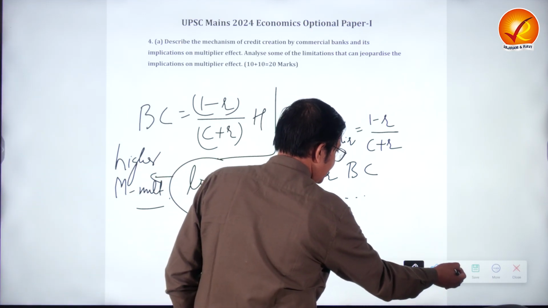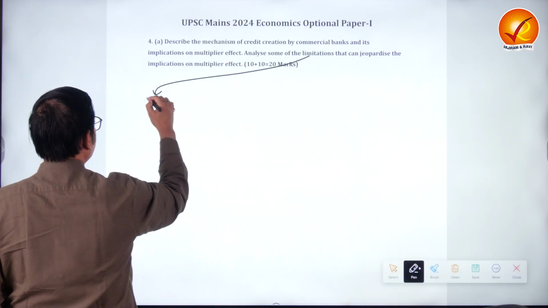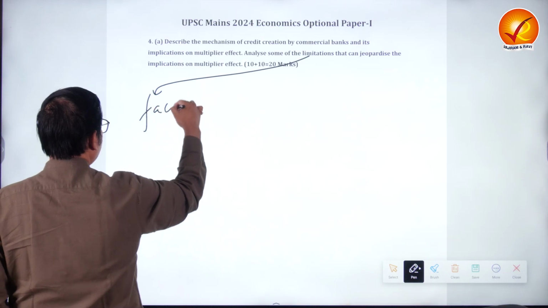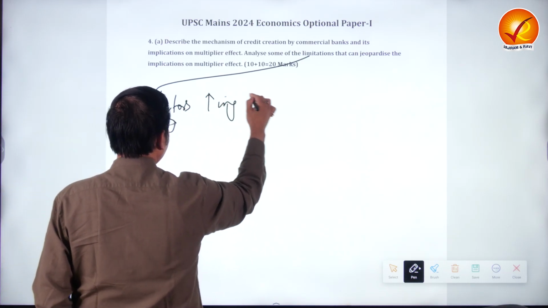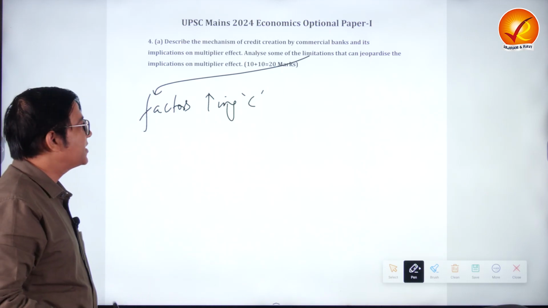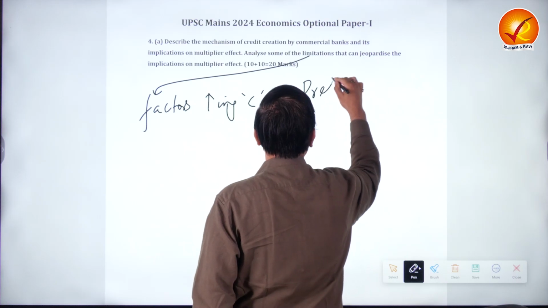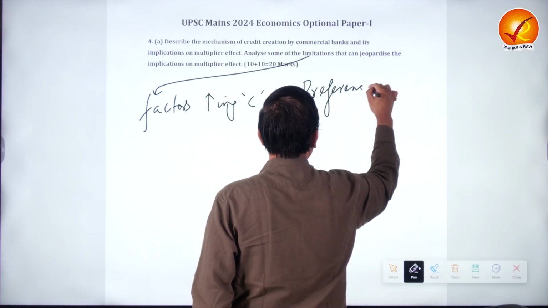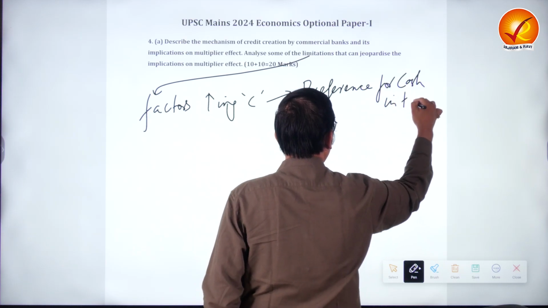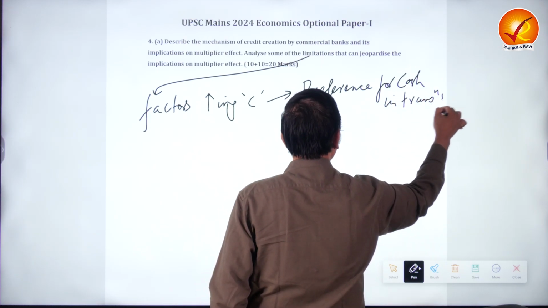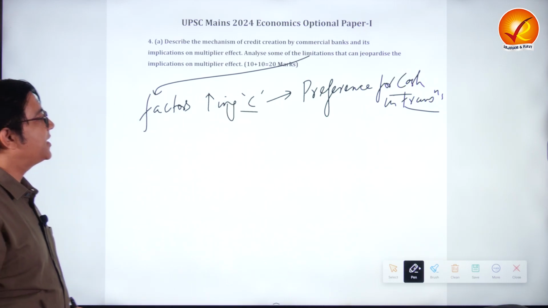So, in the second part of the answer, you can say some of the limitations can be related to factors increasing the value of C, the currency deposit ratio, like preference for cash in transactions. When we use more cash in our transactions, our CDR increases, banks don't get enough money to create credit.